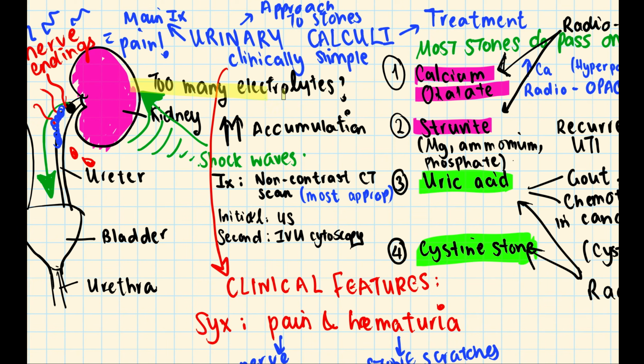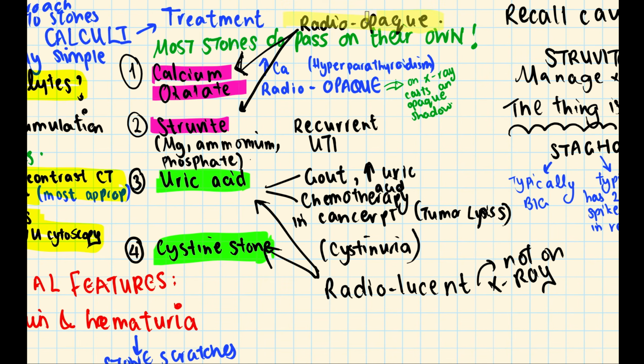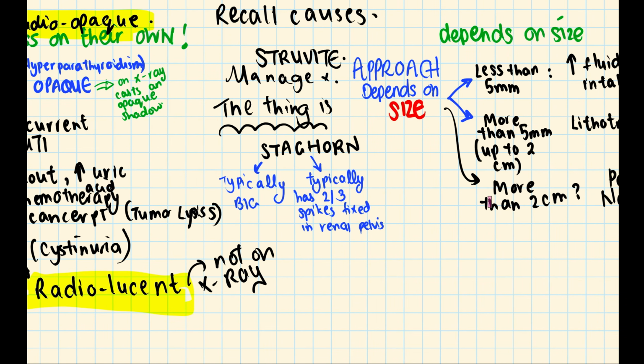Now, just to recap: too many electrolytes, too many substances, you're going to get buildup of these stones. Too little water, and you don't have as much dilution of those substances. Your most appropriate investigation is a non-contrast CT scan. You want to know the differences between radio-opaque and radiolucent stones and which ones are which.